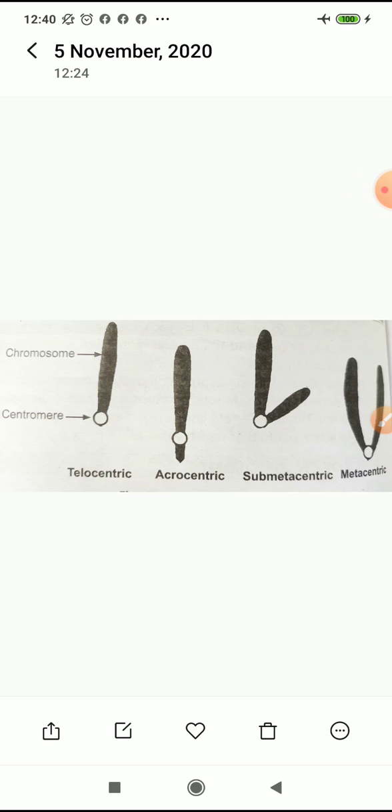So on the basis of number of centromeres, chromosomes are of different types. Monocentric is when there is only one centromere in the chromosome, dicentric has two centromeres, one in each chromatid. Polycentric means more than two centromeres in the chromosome.